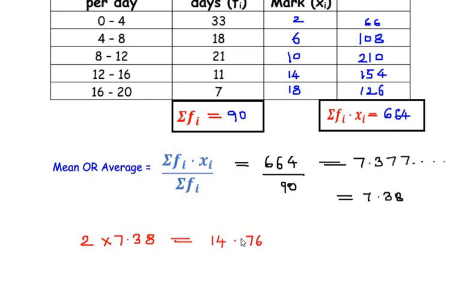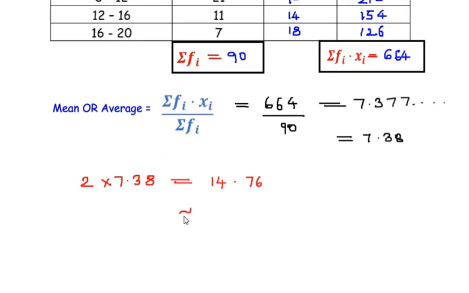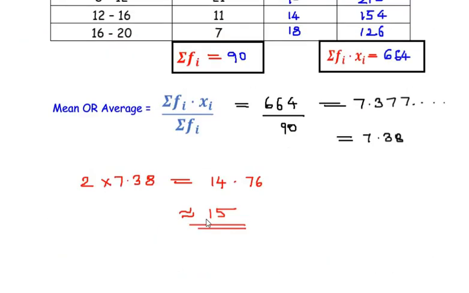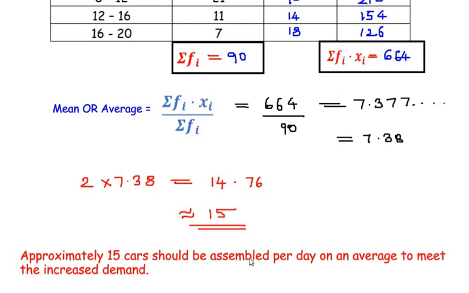Since this is a decimal number, we cannot say that the cars assembled is 14.76. So we are going to round it to the next higher integer, which is 15. So 15 cars need to be assembled to meet the increased demand. So here we are going to conclude that approximately 15 cars should be assembled per day on an average to meet the increased demand. Now let us look at the second sub-question.